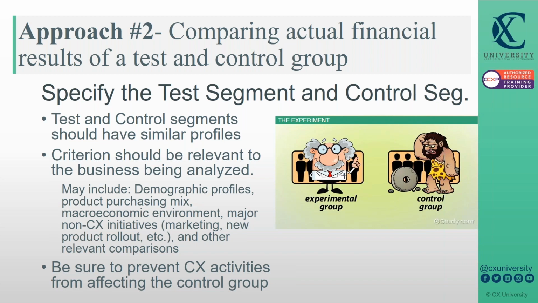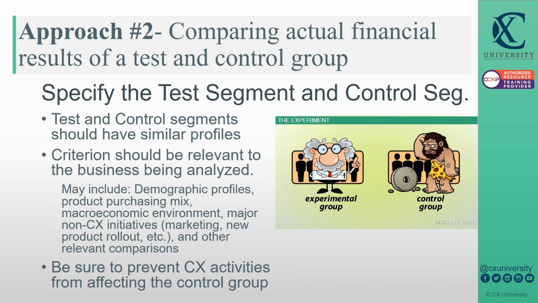But they might include demographic profiles, the product purchasing mix of those areas, maybe even macroeconomic environment or major non-customer experience initiatives that you need to make sure they're going to be in both areas, and there might be other relevant comparisons.